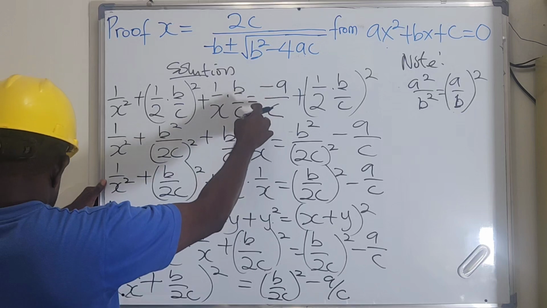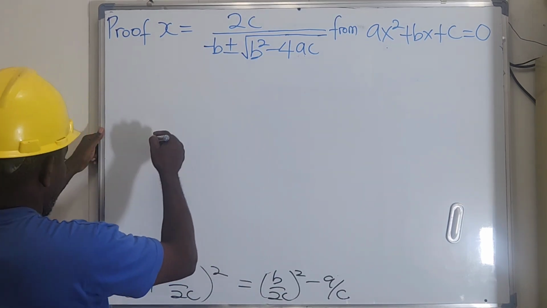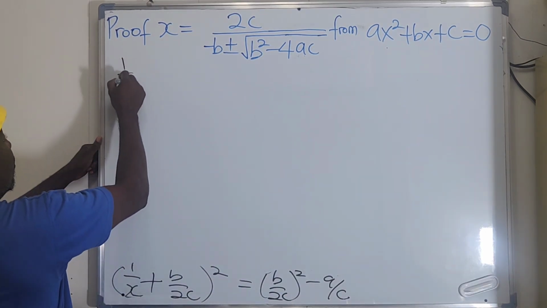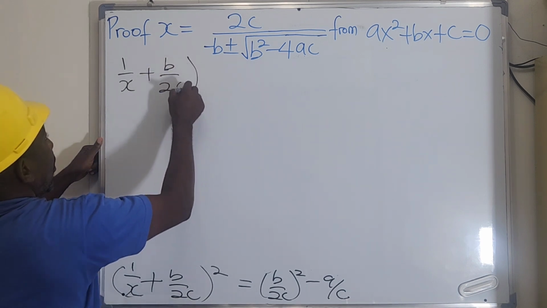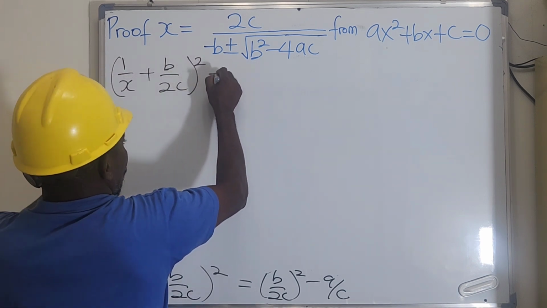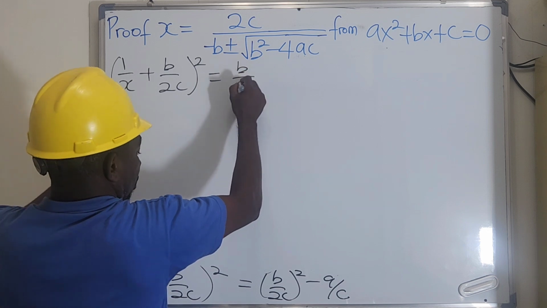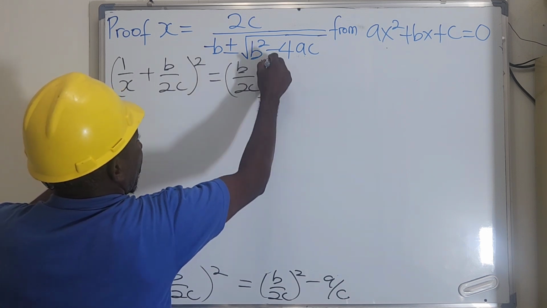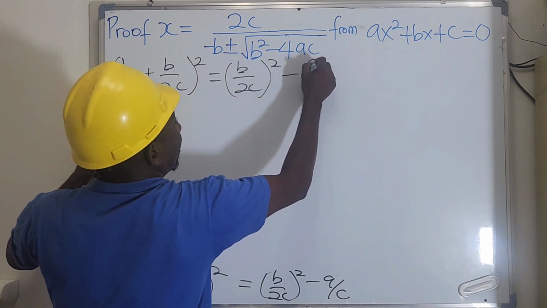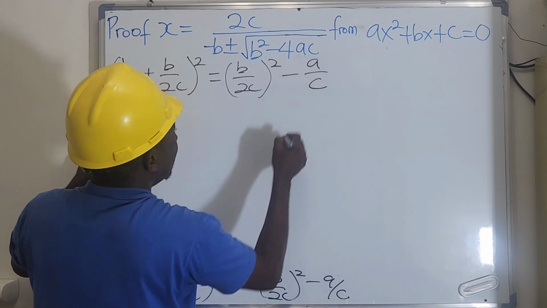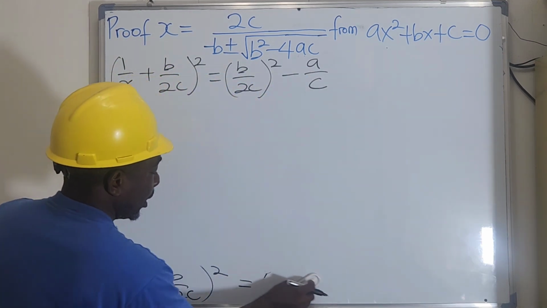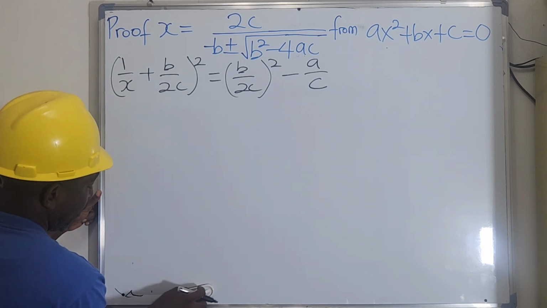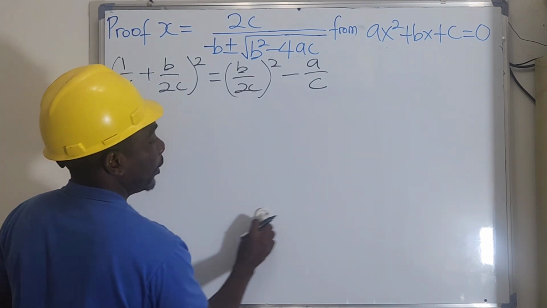Let's take it up. So we are going to transfer this one up here. So we have here 1 all over x plus b all over 2c all squared equals to b all over 2c all squared minus a all over c. So this is what we have now. We just transfer it to the upper side so that we have space for us to do more calculation.